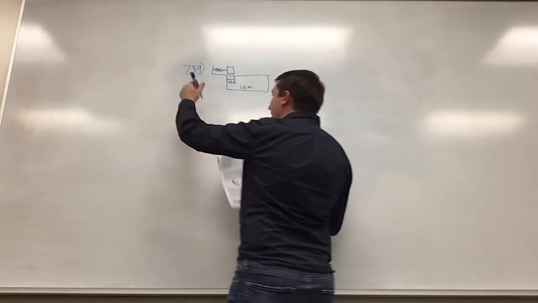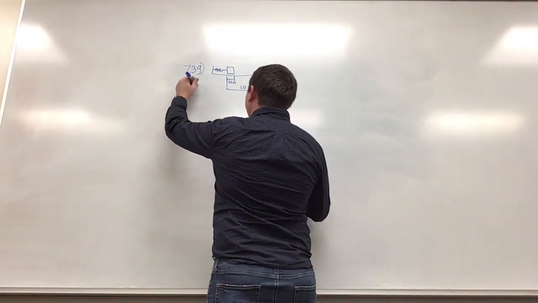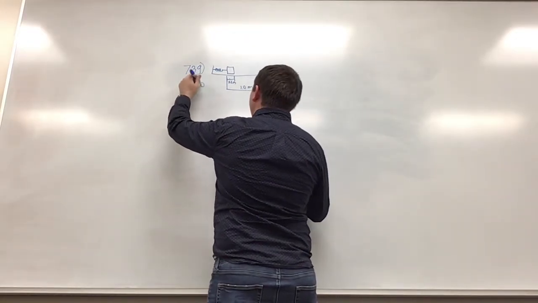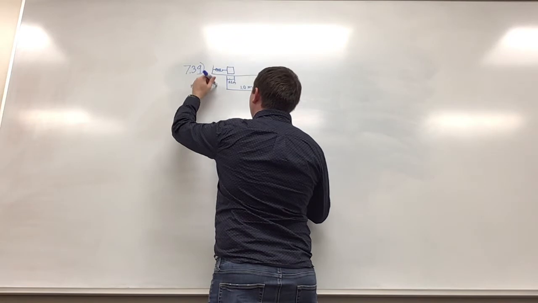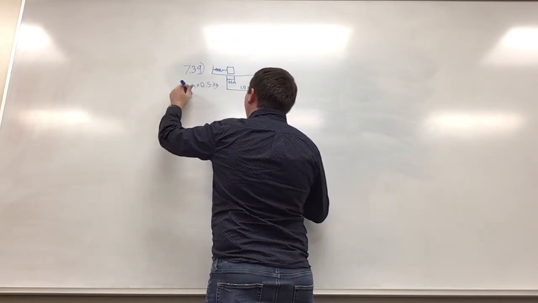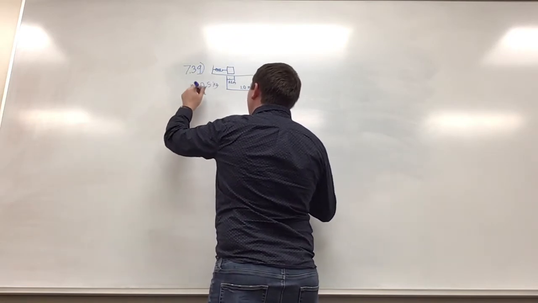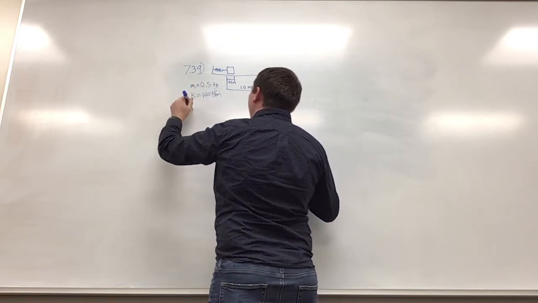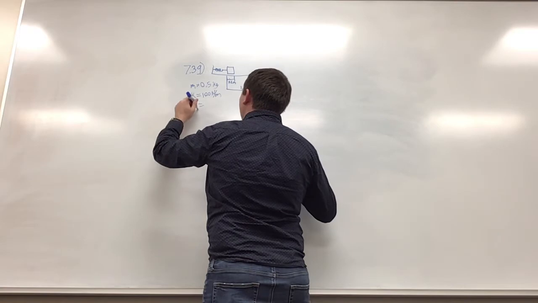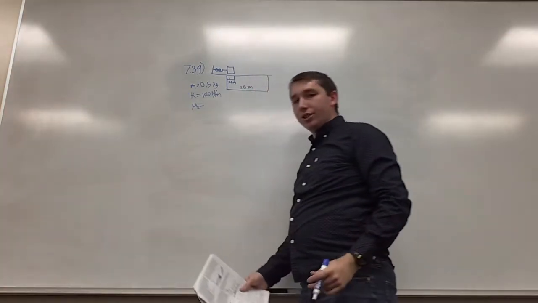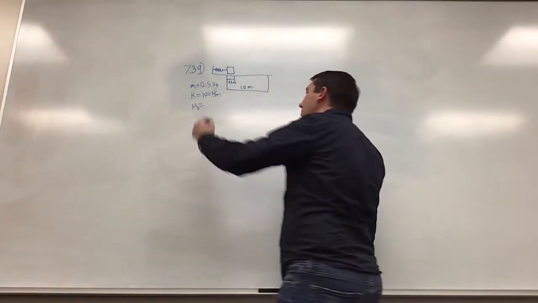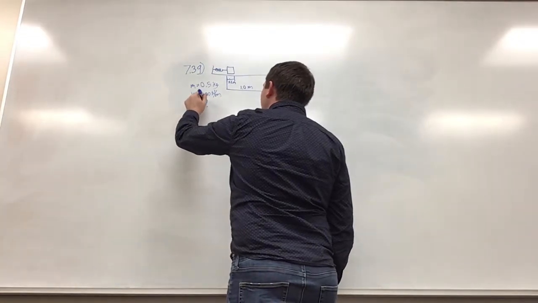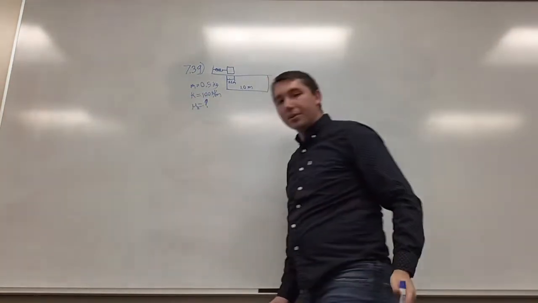We know that the mass of the block is equal to 0.5 kilograms. We know that the spring constant is equal to 100 newtons per meter, and it wants us to find the coefficient of kinetic friction between the block and the table. And that's what we're looking for.